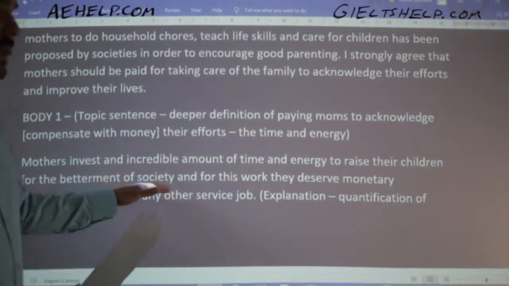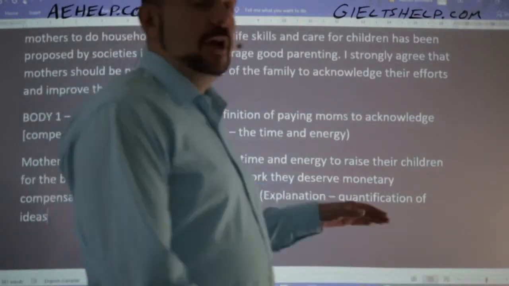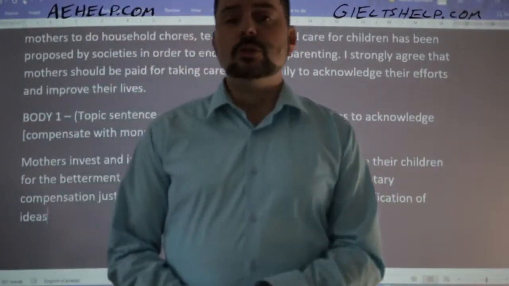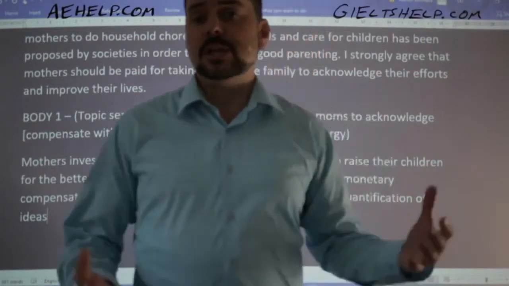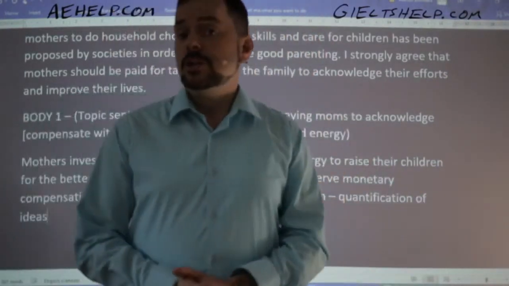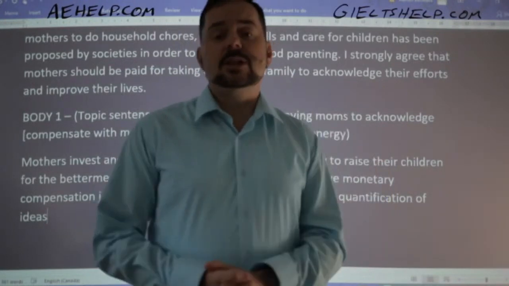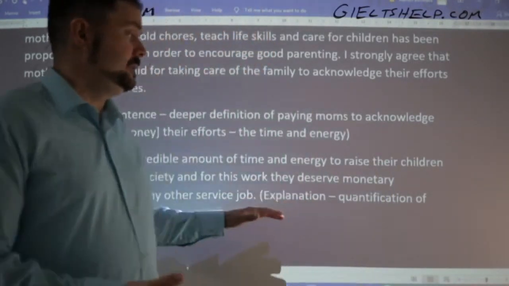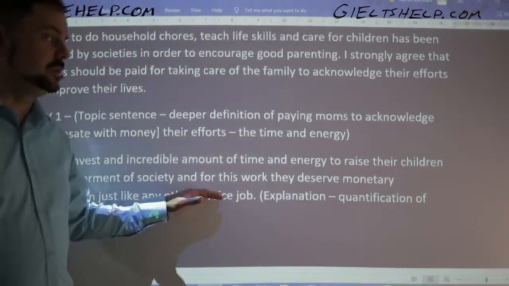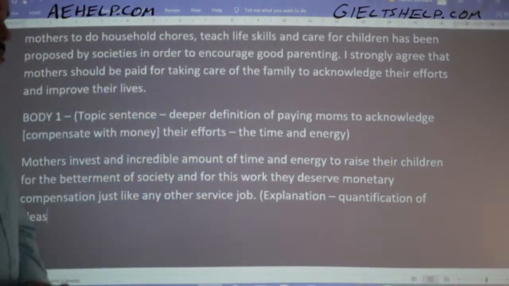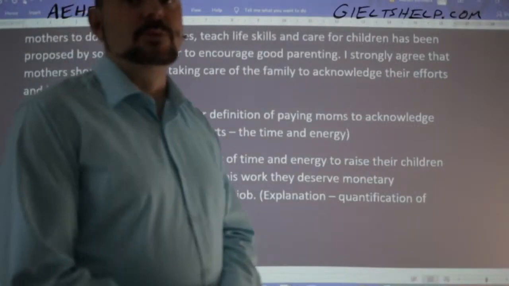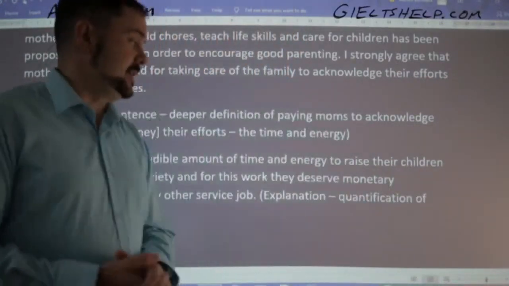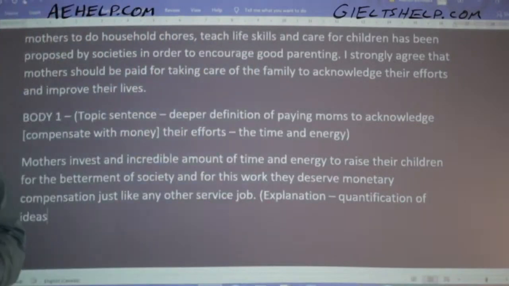How much money they should receive, at least a base salary that's equal to a full-time minimum wage job. You could say that, or you could say at least twice the salary of minimum wage, because mothers definitely deserve a decent pay for their effort. They arguably work much more than a simple full-time employee. So that's your quantification, okay? That's where you quantify, all right?